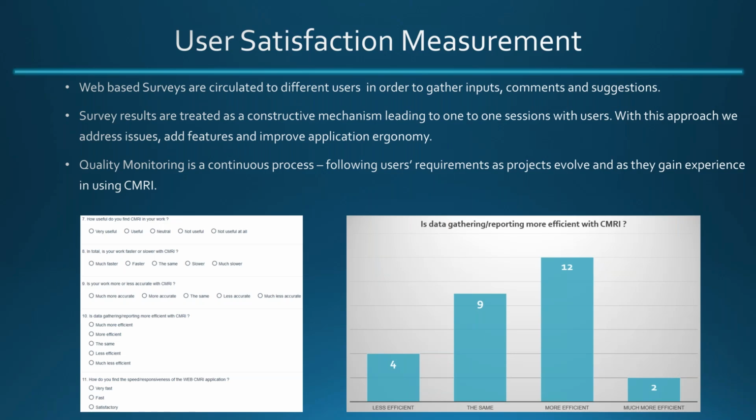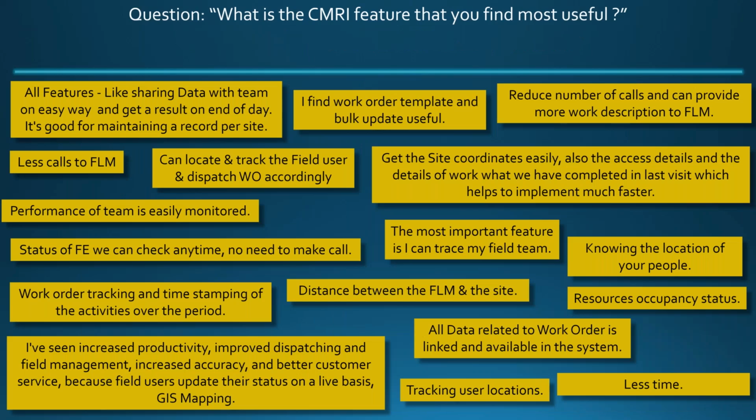And the feedback was overwhelmingly positive, especially on that core part that says now there is a back office that knows what the field is doing accurately and repeatably. If you see most of the comments here from the survey, a large majority is related to, I can trace my field team. I know where my people are in the field, and I don't need to call them every time.